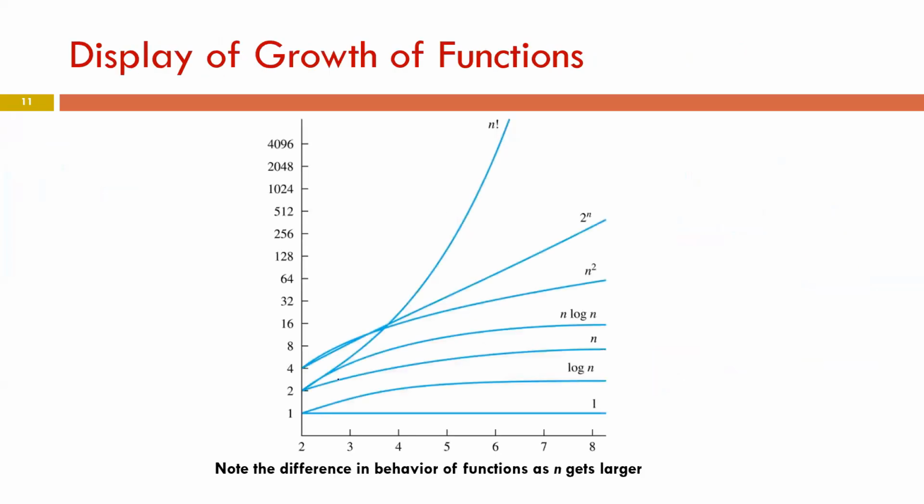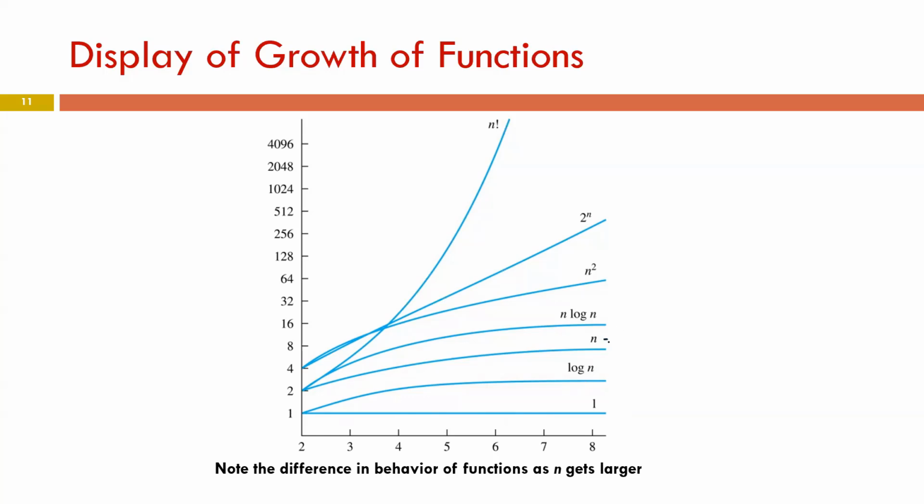And this is very important. This gives us a comparison of the behavior of functions as n gets larger. For a constant function, it's a constant. Log n blows up faster than a constant, but still a slow blow up.